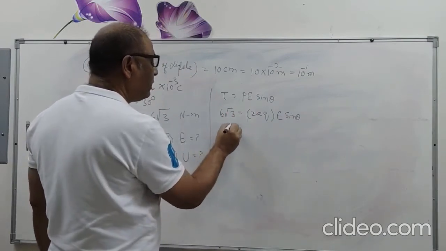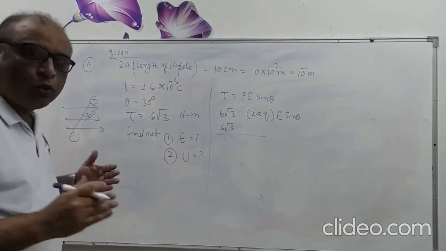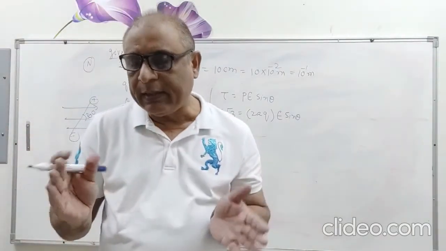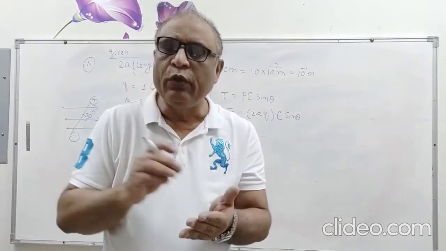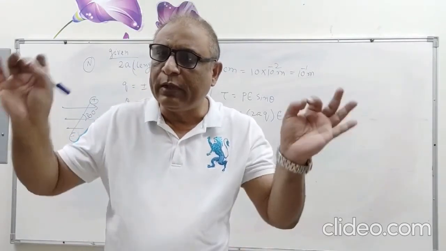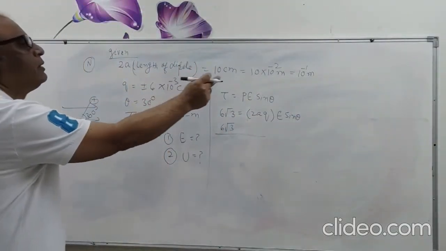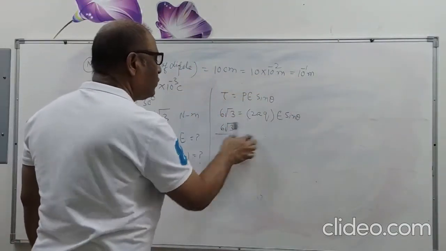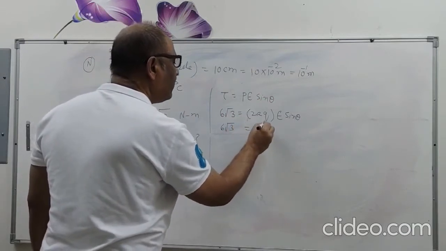One thing you should know is that the total length of a dipole is known as 2A. If the length is given, in the formula 2A is used, so there is no need to multiply by 2, because the total length is taken as 2A. So here 2A is 10 to the power minus 1.